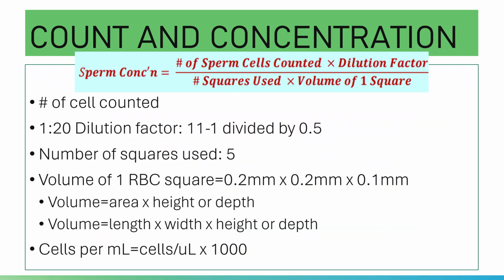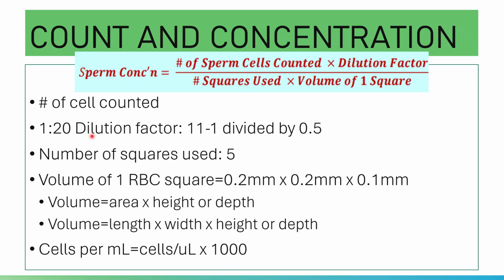So let's take a look at this formula. Sperm concentration equals number of sperm cells counted times dilution factor, divided by number of squares used times volume of one square. Your number of cells counted is a variable, of course. It depends on how many cells you counted.